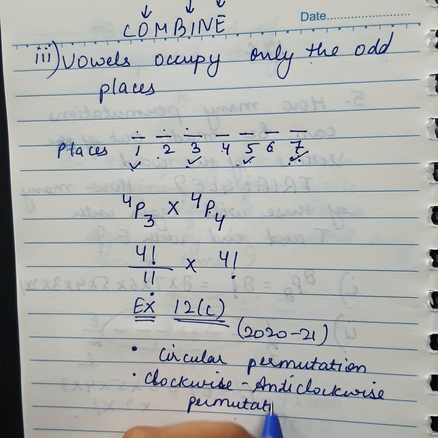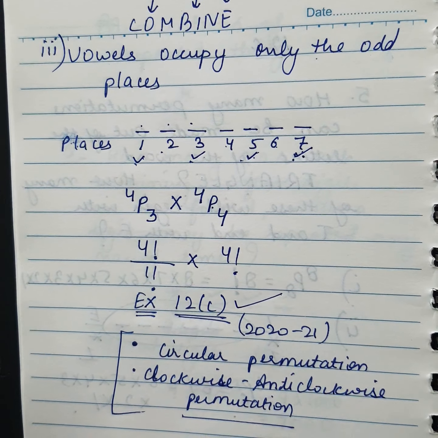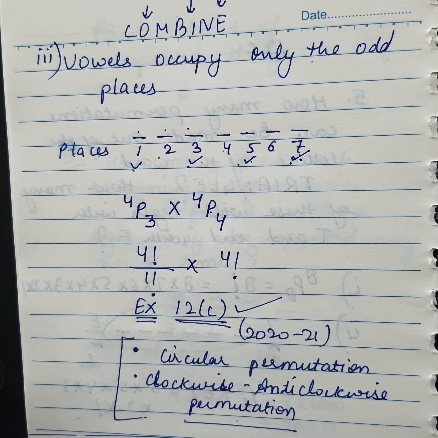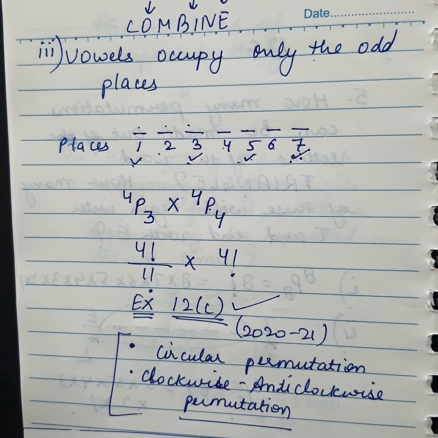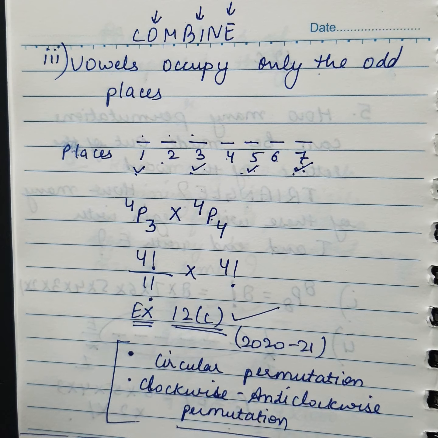So you can leave the questions related to these topics from exercise 12C. So keep trying. This is almost like a game. If you win, go ahead. If you lose, try to think of some other solution. Try to imagine more.